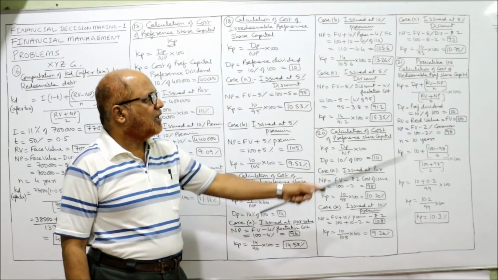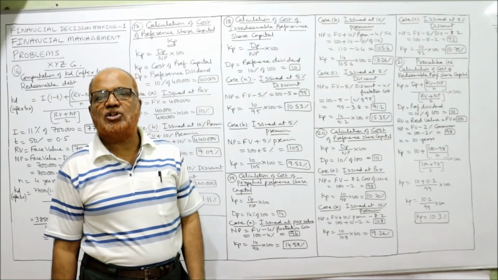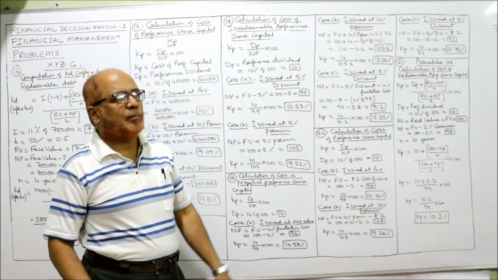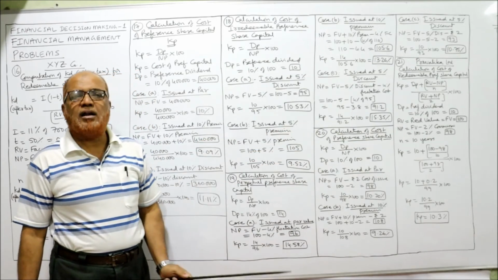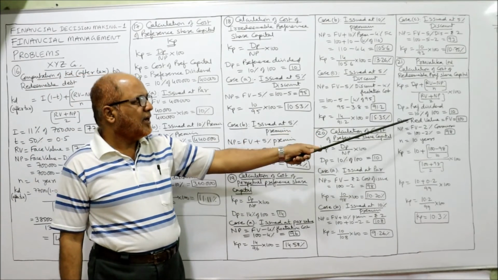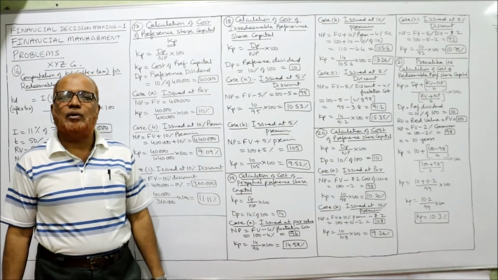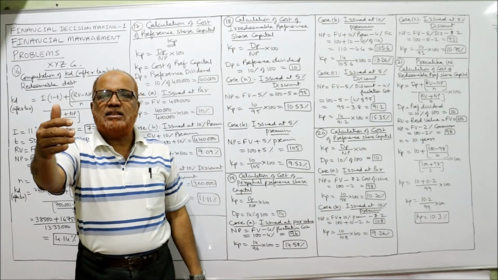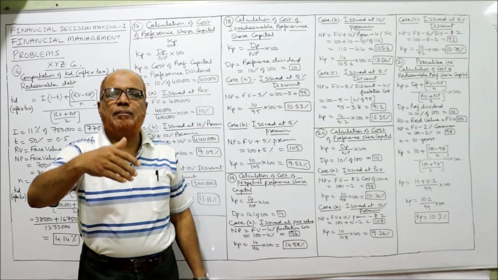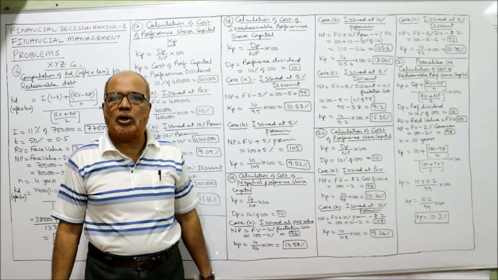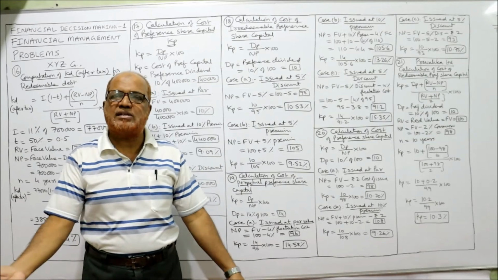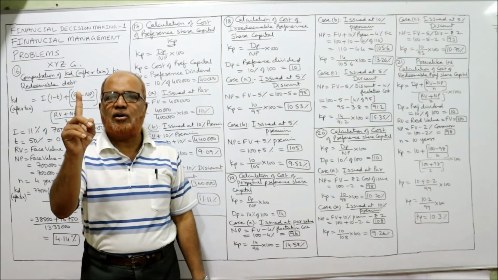Now first of all, DP, preference dividend. The rate of dividend is given in the problem, 10%. So 10% of 100, 10 rupees is the DP. RV, redemption value. At the end of the 10th year, how much will the company repay to the preference shareholder? Nothing is given, so face value. The face value is 100 rupees.